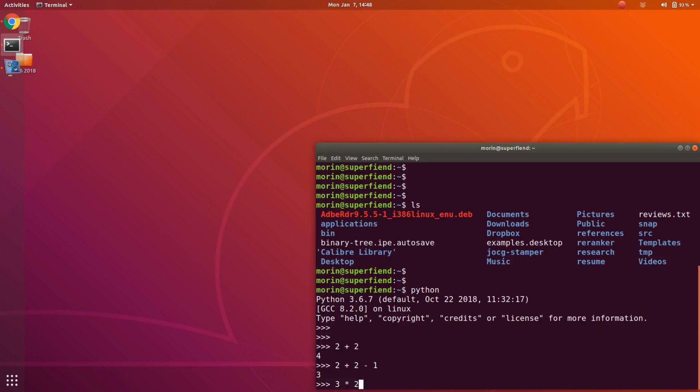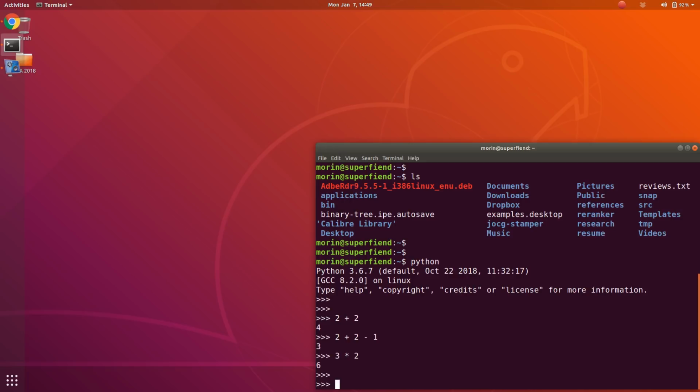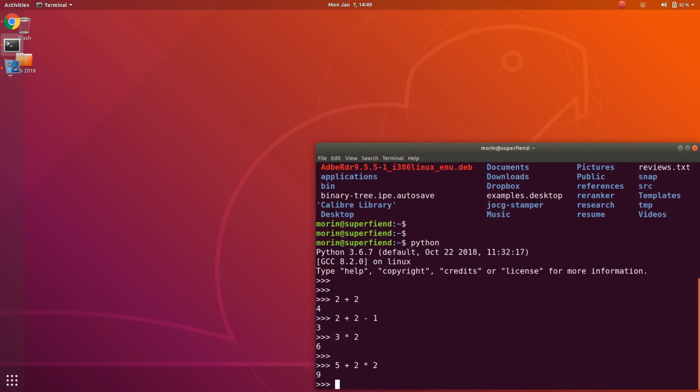What does that mean? So star is the programming version of multiplication, or the times operator. I'll pronounce it times typically, so 3 times 2, and that's 6. And what about 5 plus 2 times 2? What's that evaluate to? 9. So why 9 and why not 14?